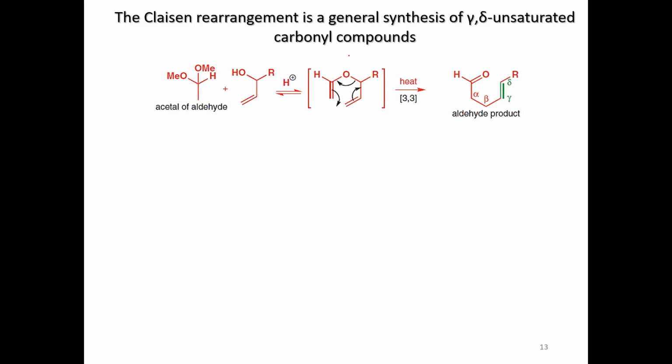So for instance, on this one, you have your Claisen rearrangement. But instead of starting from the acetaldehyde, which is this one, you start from an equivalent of the acetaldehyde, because the acetaldehyde is not super toxic, but it's not super nice. It tends to react with itself.